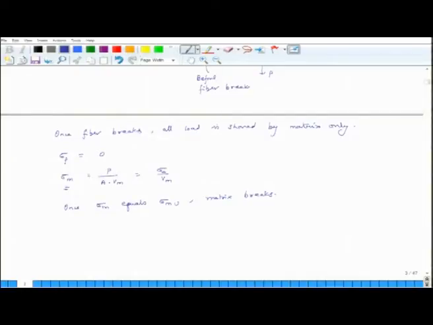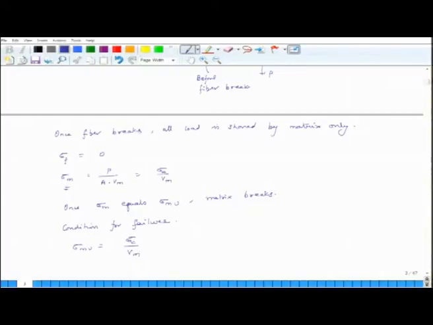So basically, the condition for failure is sigma mu equals sigma C by Vm, right?